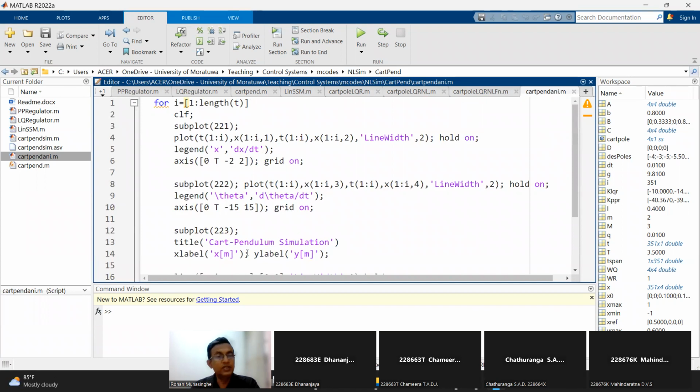So there are three codes here. The first one is, I don't remember the names again, right?